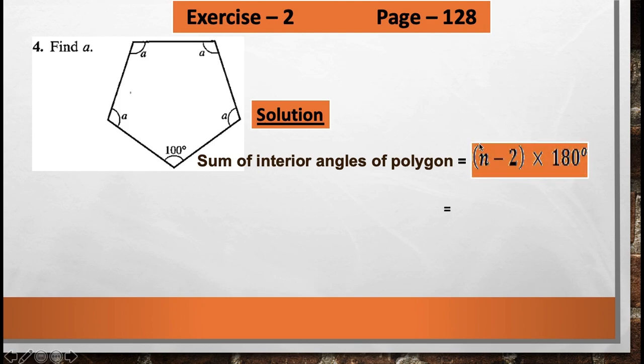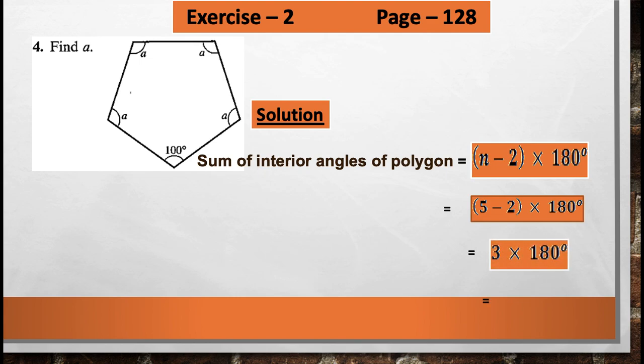Here n is 5, so in place of n you will write 5. Always simplify what is in the brackets first. 5 minus 2 you will get 3, multiplied by 180 you will get 540.